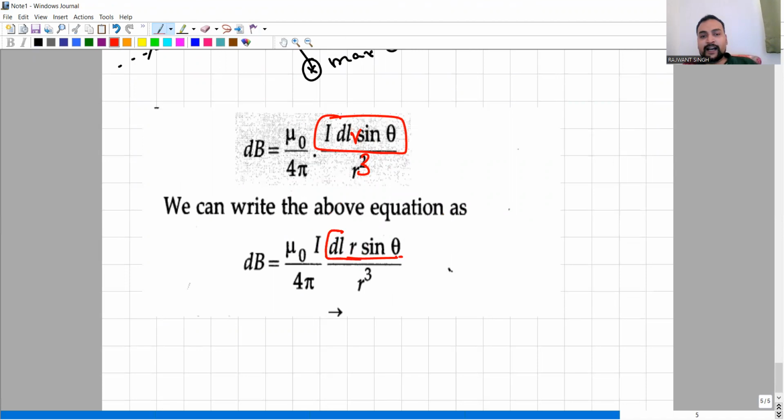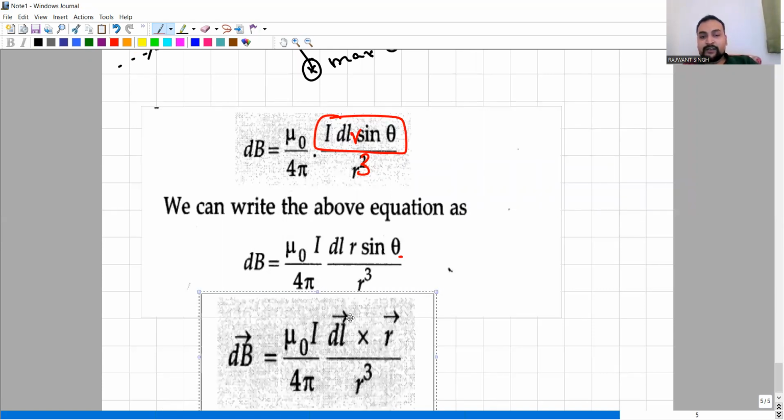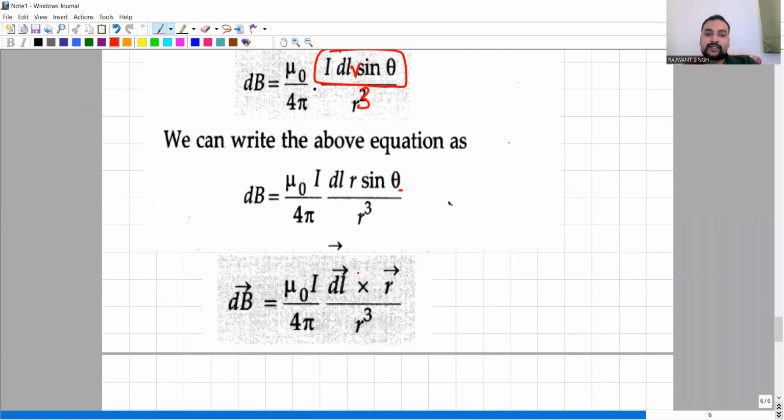Now dl and r, dl r sine theta will eventually become dl cross r. I hope you remember vectors, the cross product of two vectors. A cross B is equal to AB sine theta, that you know. So here it will become I dl cross r.